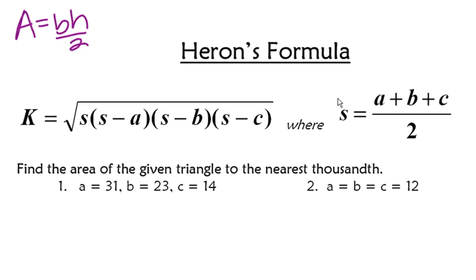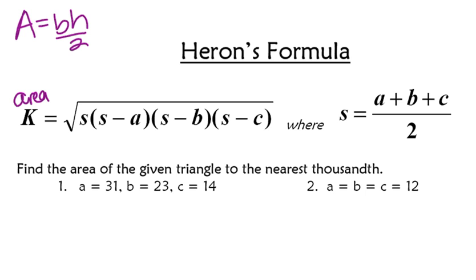It's called Heron's formula, although you'll sometimes also hear it referred to as Hero's formula, because the guy who came up with it, supposedly, was a Greek guy named Hero. And what he decided was that you could find the area of a triangle. When we're using Heron's formula to find the area, we refer to that as K, instead of A, but it simply means area of a triangle.